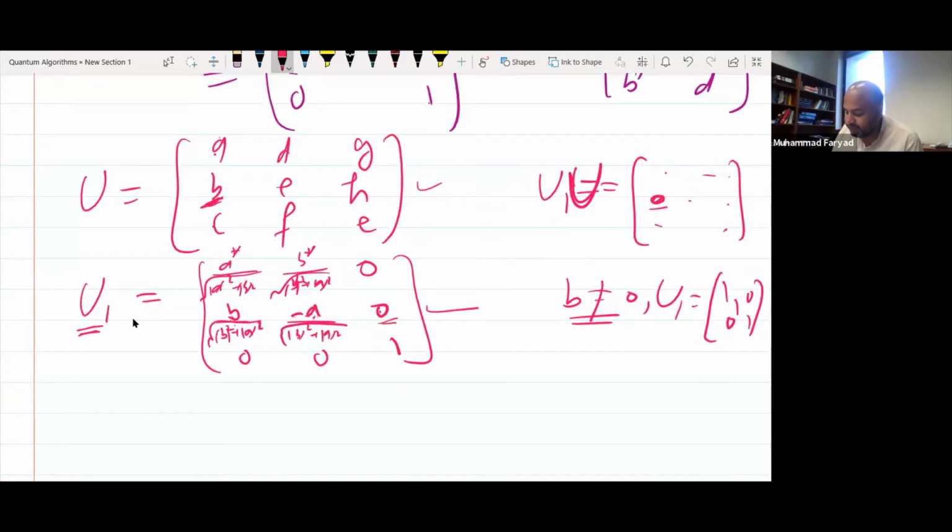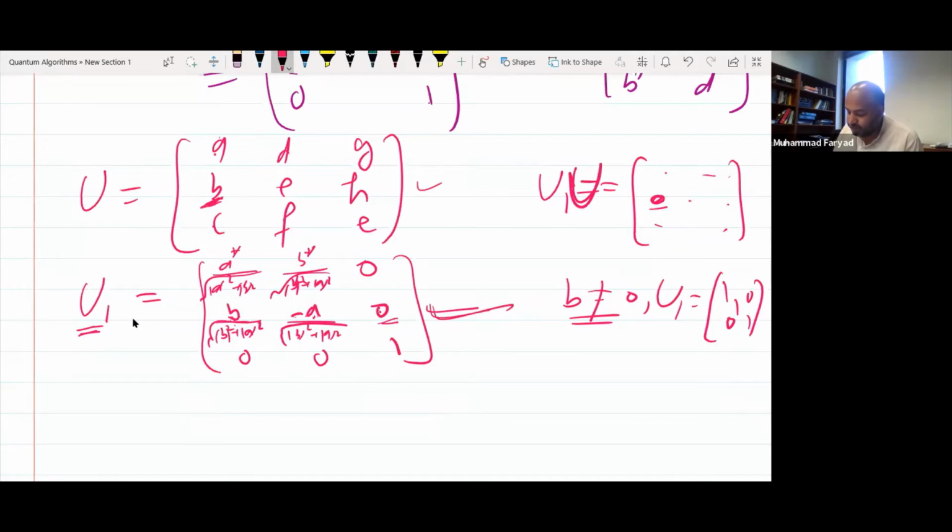The third element is made 0. And also I know that in each unitary, each row is normalized. So I divided by the square root of A mod square plus B mod square. Now, once I have these two elements, the first two elements can easily be found from the properties of unitary matrices, to make sure that its dagger is its inverse.